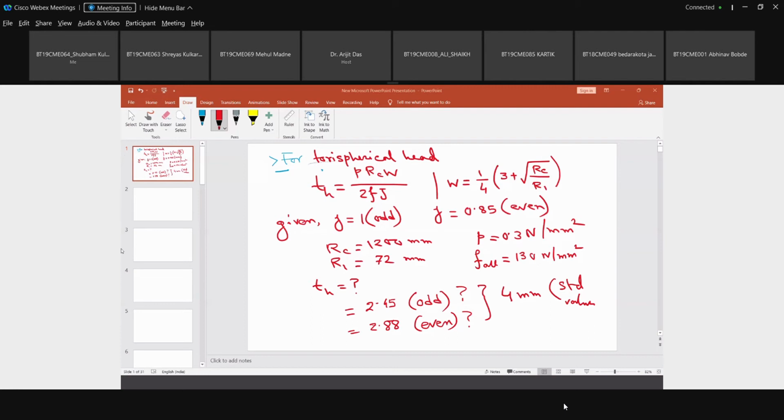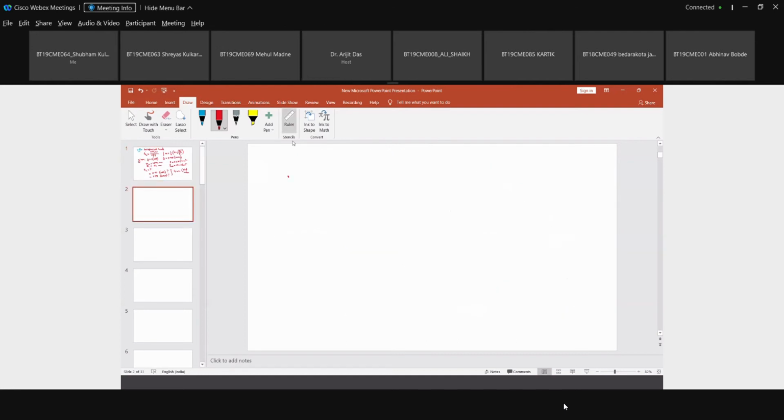Now, one thing, suppose we need to build a vessel of volume V. Now, suppose this volume is 100 meter cube.